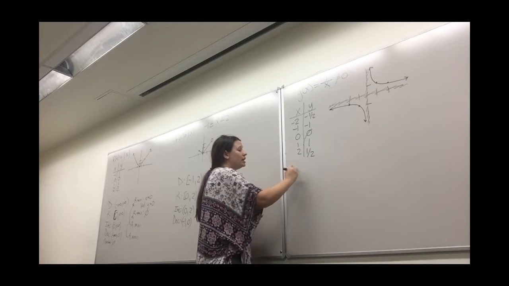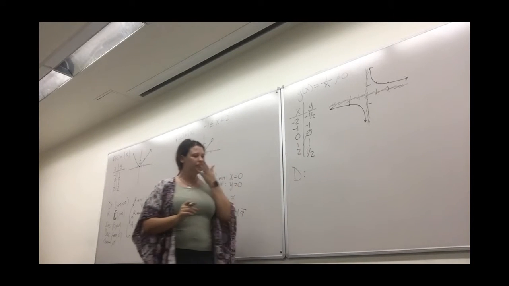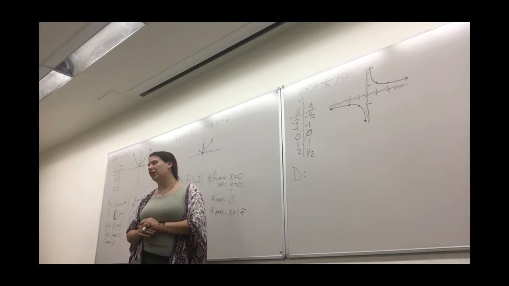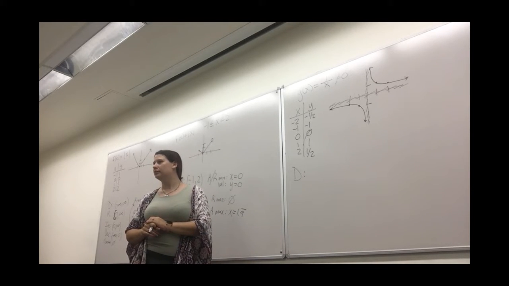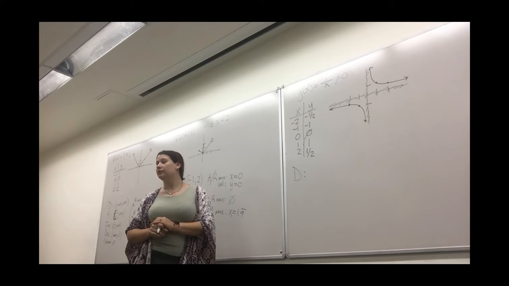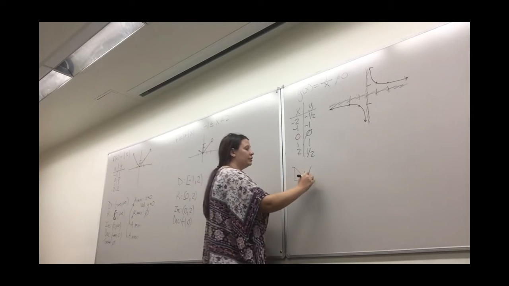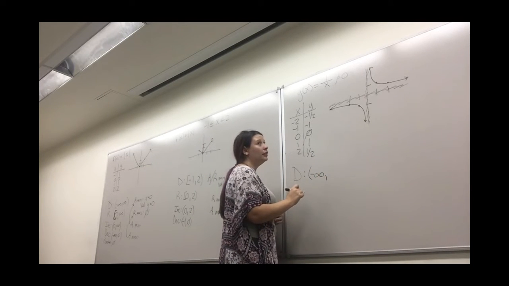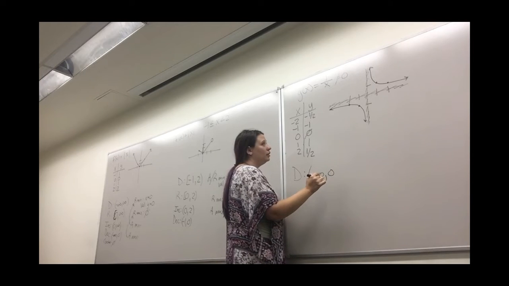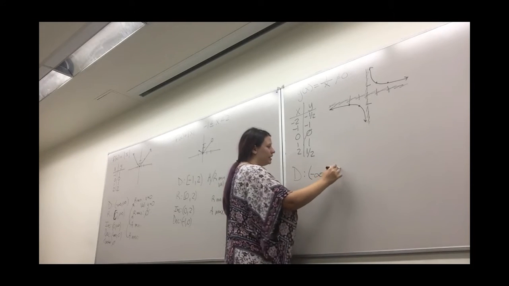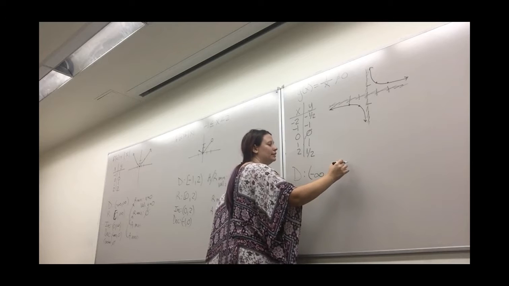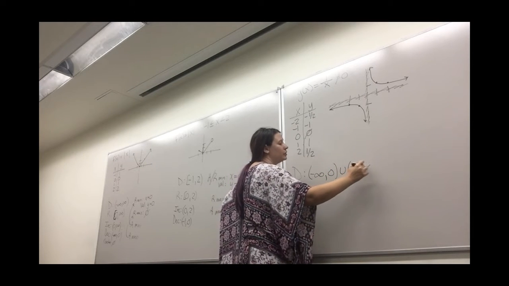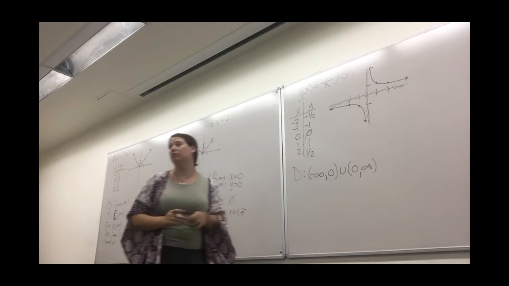So, what is our domain? What can we plug in? Negative infinity to 0, parenthesis, union, yeah, 0 to infinity. Everything but 0, right?